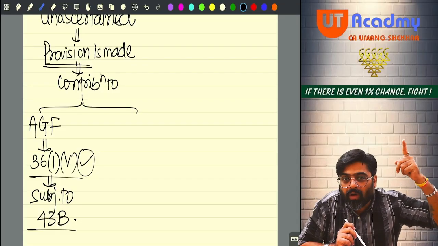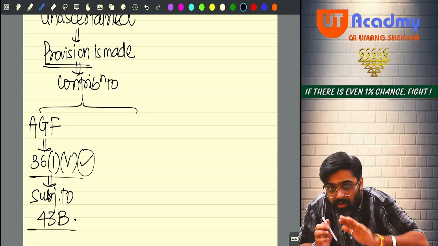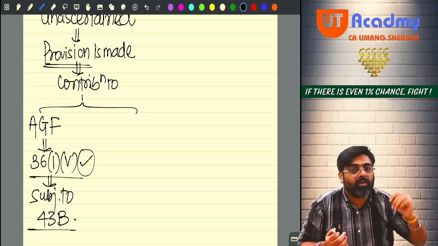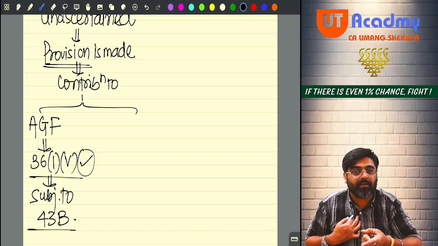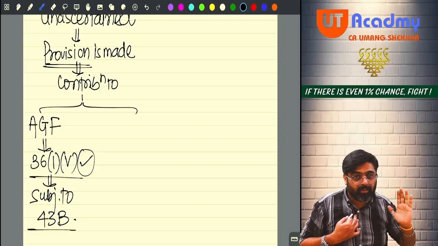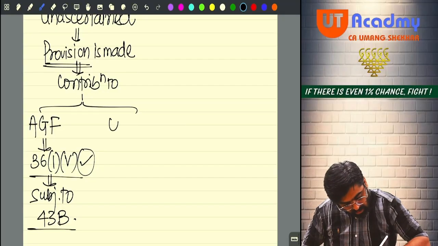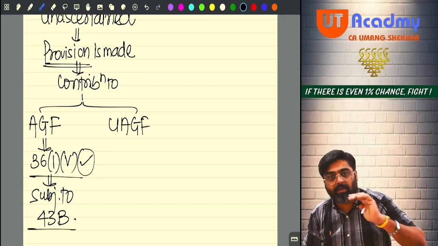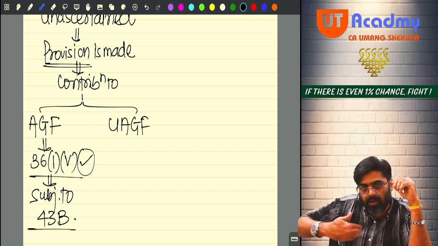Is there any law telling me to contribute amount here and from this pay the gratuity to the employee? No law tells me to do this. I am doing it on my own voluntarily. Now just imagine the amount contributed by me to this unapproved gratuity fund. Whatever amount I am contributing right now out of my profits, I am contributing 5 lakhs to my unapproved gratuity fund right now.